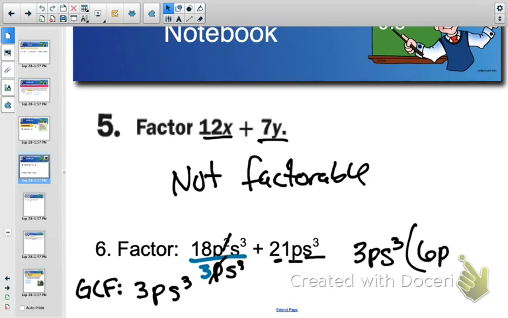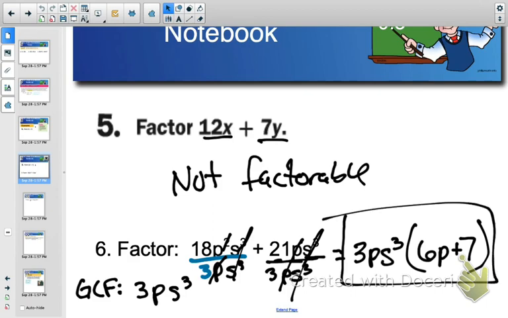And then I'm dividing by s to the third, which those will both cancel, so I don't put that in at all. Then plus, again, I divide by 3p s to the third. 21 divided by 3 is 7. P divided by p goes away. S to the third, those go away because they match. So it's just 6p plus 7. So that is now factored.